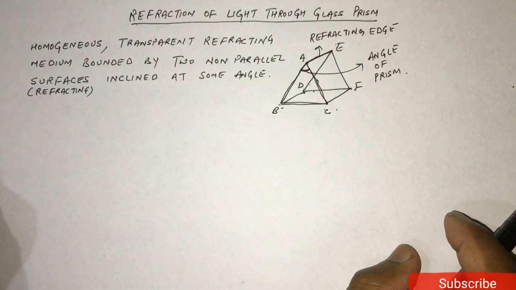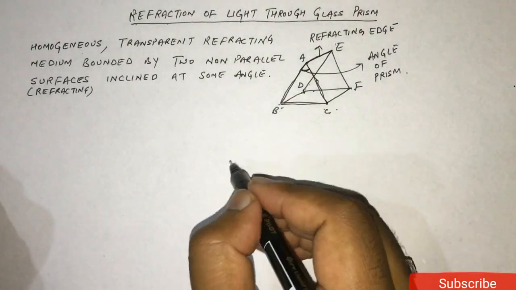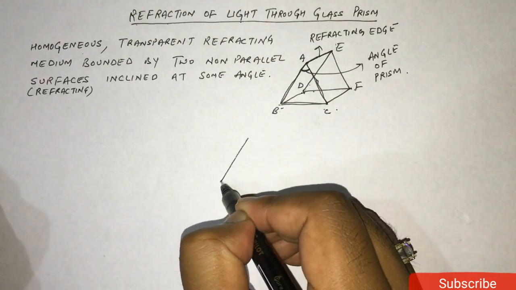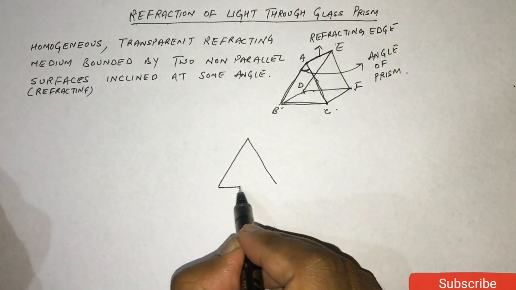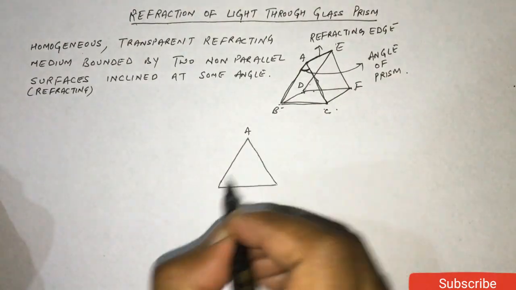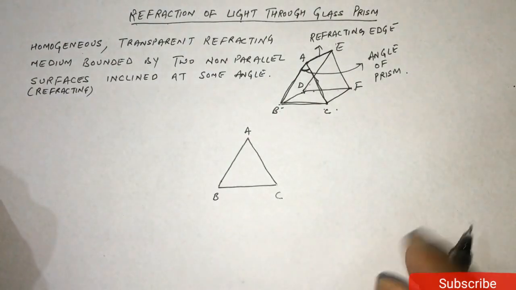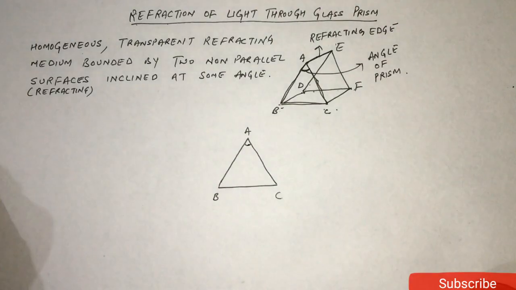Clear? Now let us discuss the refraction of light through glass prism. Fine. So let's draw the 2D structure of glass prism. So here is the 2D structure of glass prism. Clear? A, B, C. Clear? Where A is angle of prism. Fine.